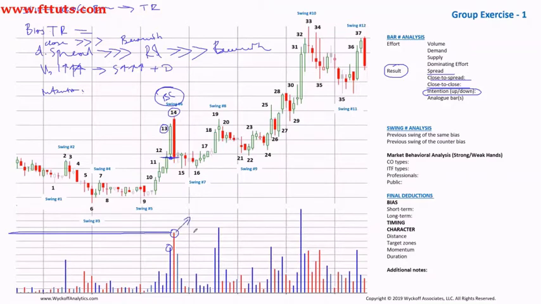And look at the effort. The effort is just so huge to go to the downside. Did we satisfy the intention? Did intention come to fruition on bar number 14? No. So this is an extremely important point, guys.